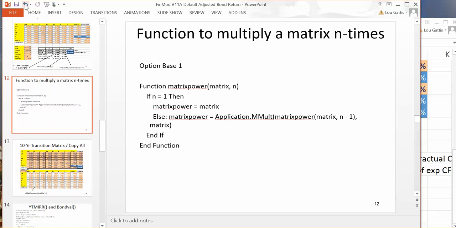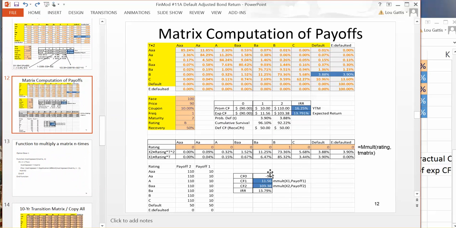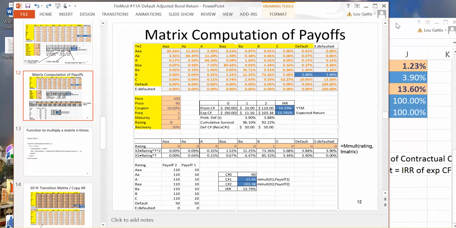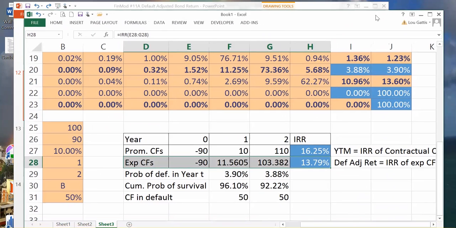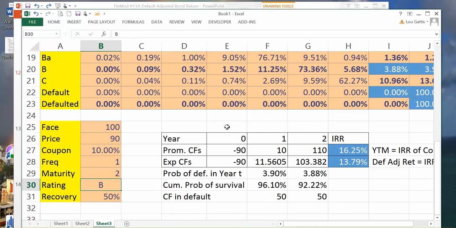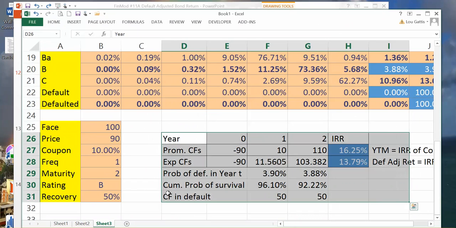Looks like I deleted that by mistake. We're going to use matrix algebra to solve this problem in a way that's going to allow me to change the rating, and it'll automatically update these cash flows. All right, but it takes a little bit of work, so let's go ahead and do that.